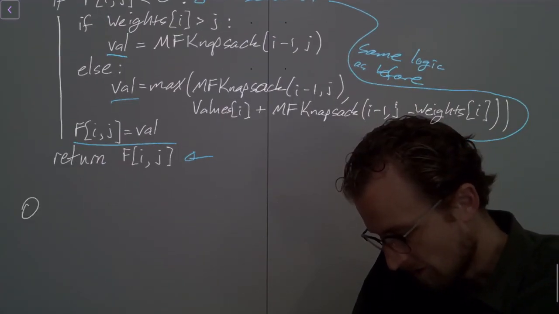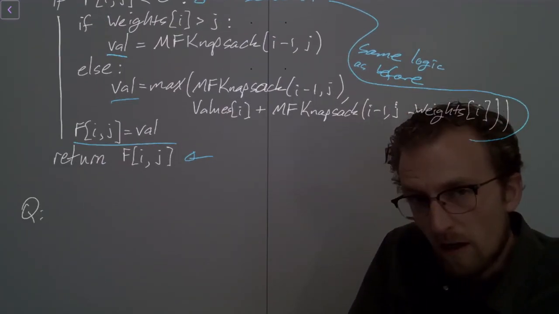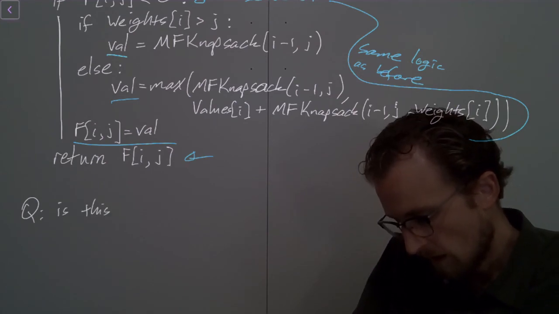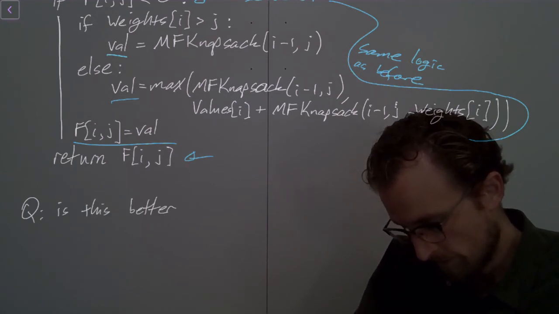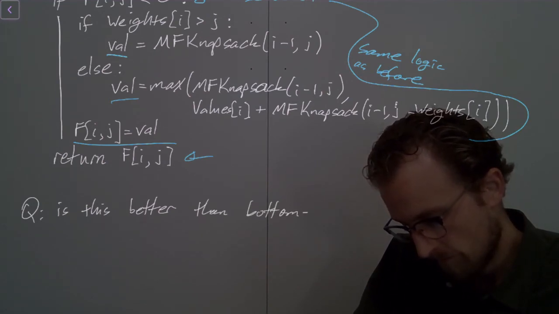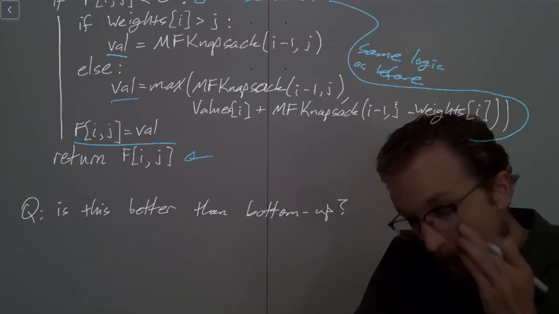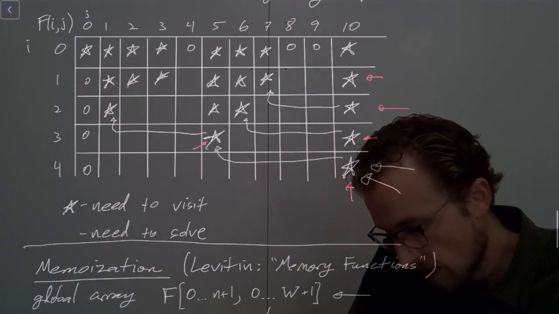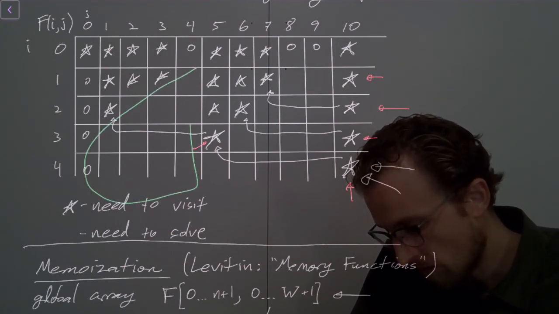So it's worth asking, did we really save ourselves any effort here? Is this better than the bottom-up approach? In one sense, of course it is, because there are huge swaths of the problem that we don't have to solve.